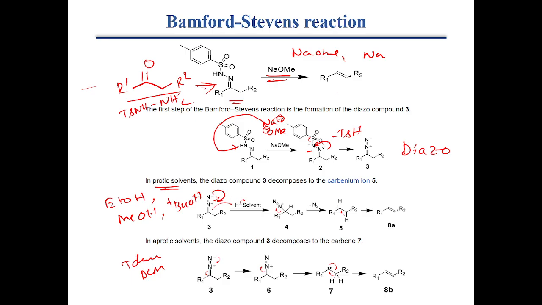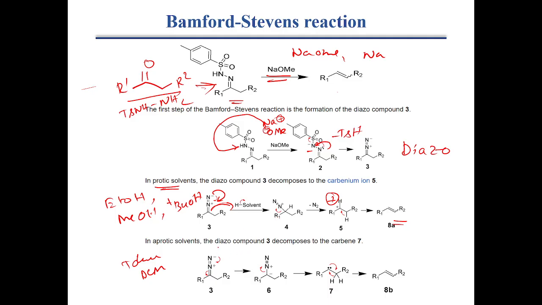This nitrogen negative charge will abstract a proton from the protic solvent, and from this nitrogen, through carbonium mechanism, after the elimination of nitrogen, it will form this electrophile, that carbocation, and after neutralization, this forms this kind of alkene. So this is under protic solvent.